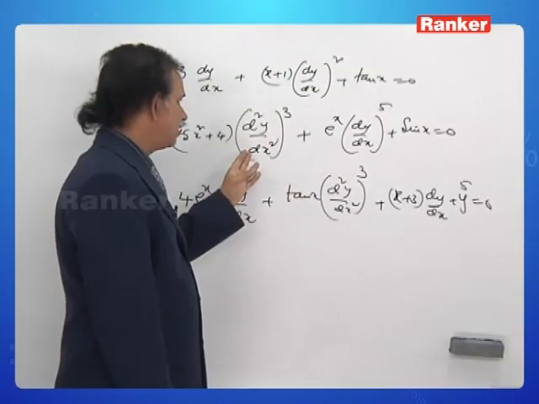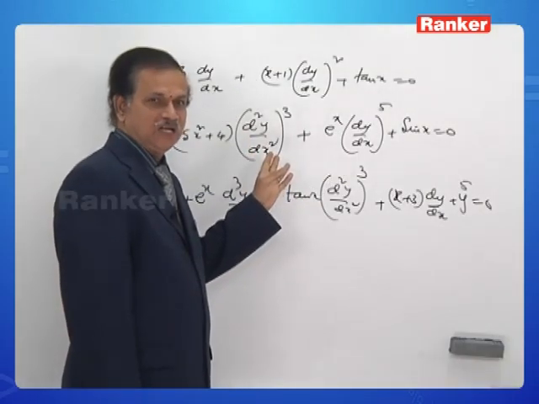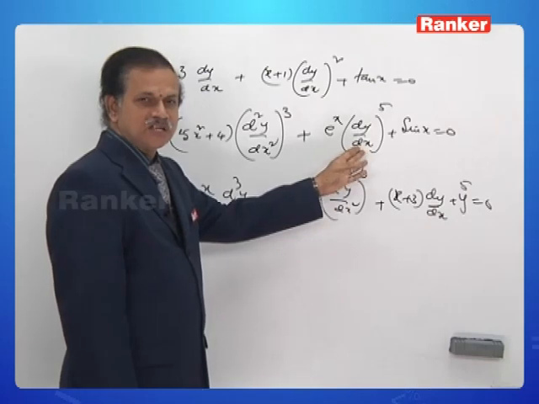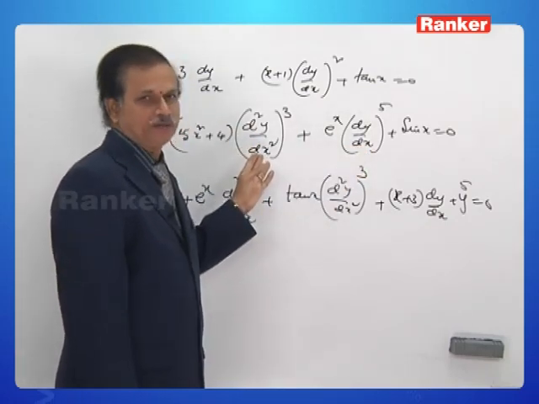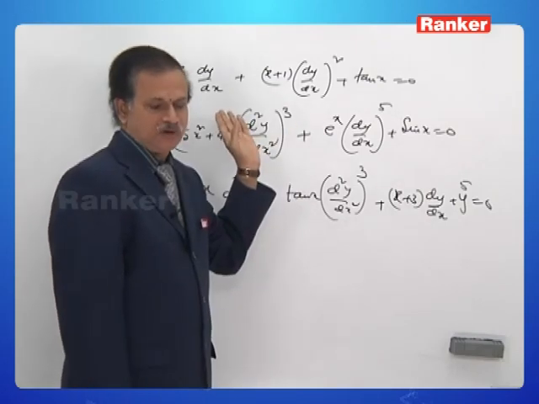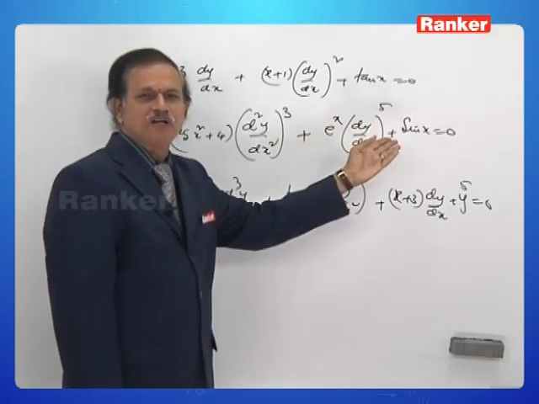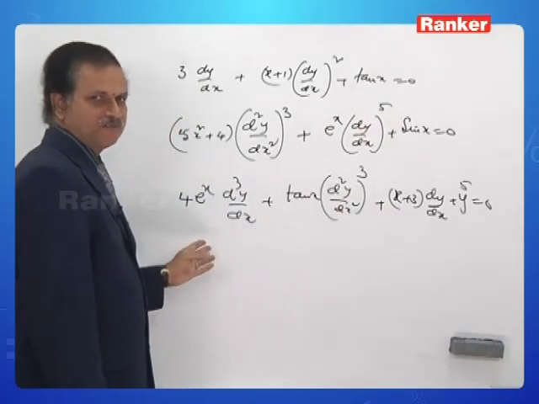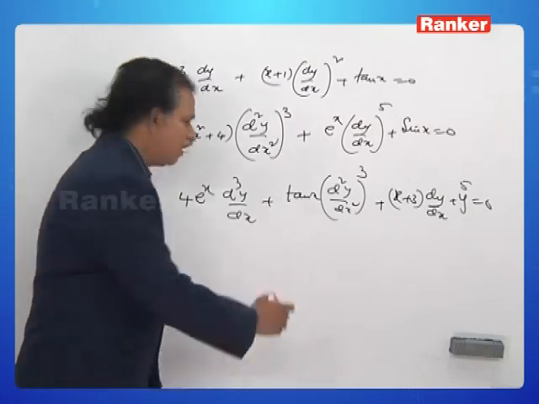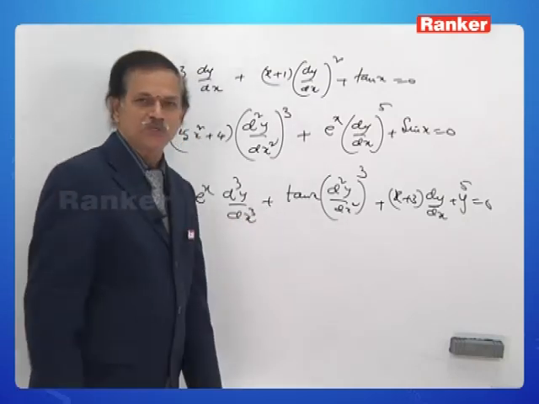Because d square y by dx square is also there. This is a first order derivative, and this is a second order derivative. Hence the order of this differential equation is 2. Similarly, what do you say about the order of this differential equation? 3. Why? Because the third order derivative is present.